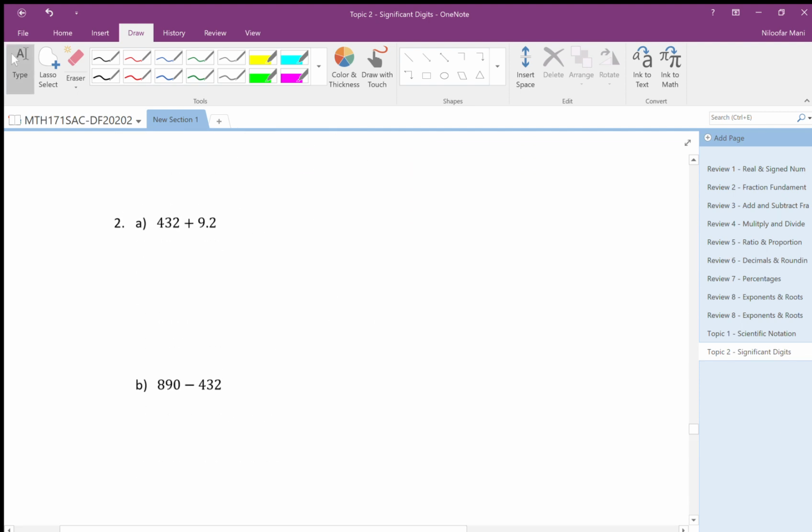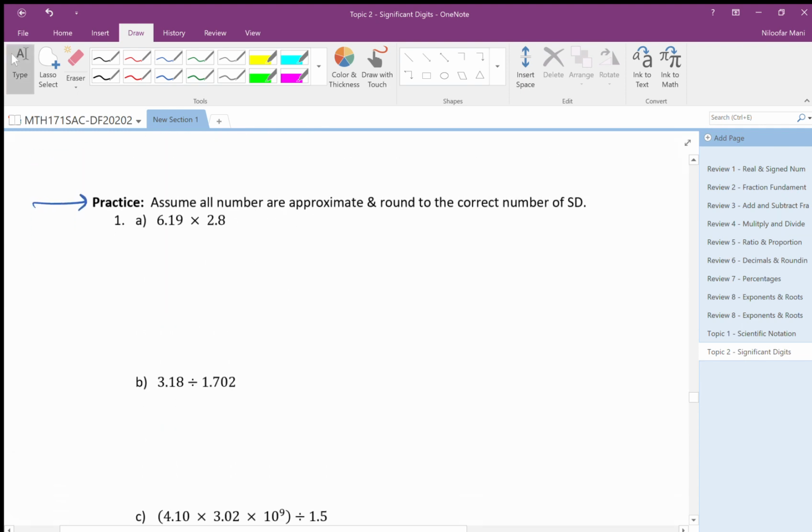Here it starts from this part, and it says assume all the numbers are approximate and round appropriately.